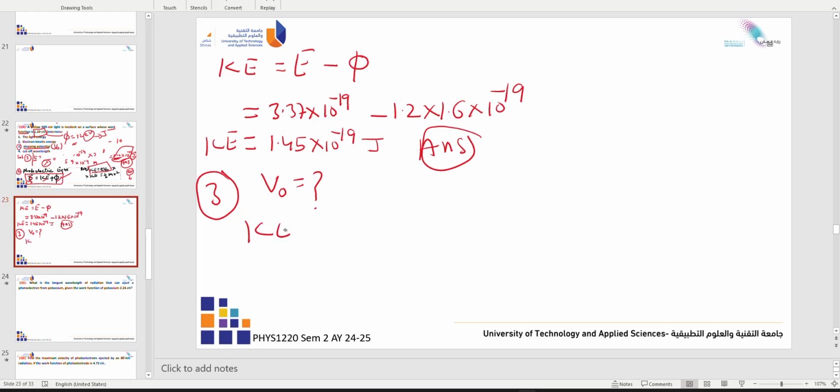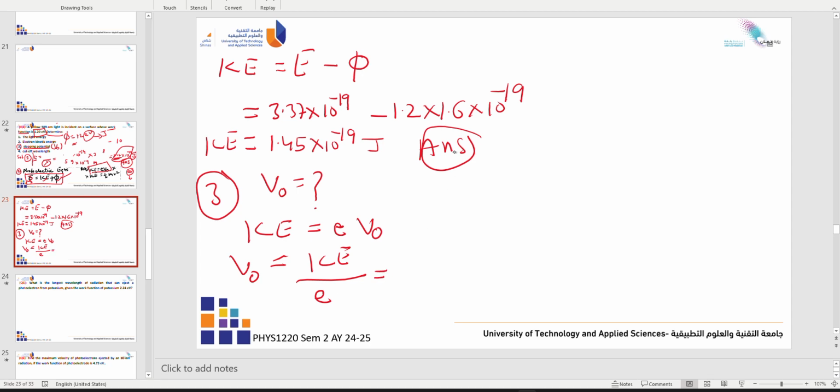For this I will write the formula: the kinetic energy is equal to the charge of the electron multiplied by the stopping potential. Since I have to find the stopping potential, it will be equal to kinetic energy divided by the electronic charge.